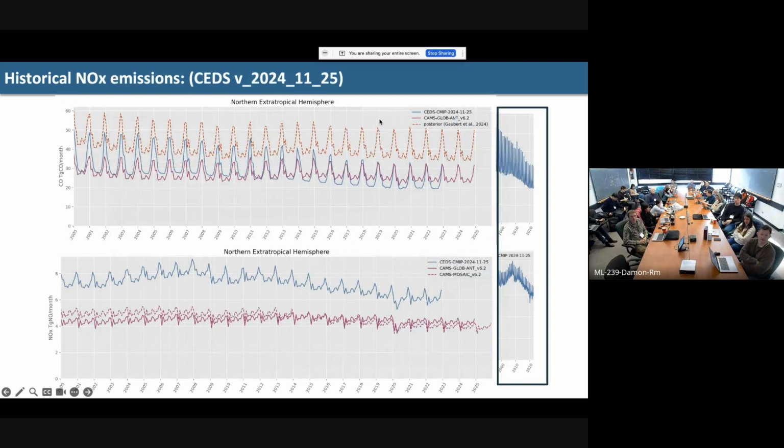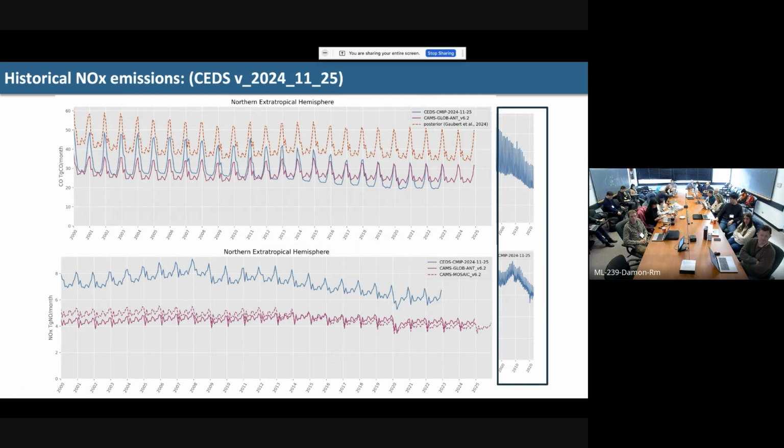So now I'm comparing with the posterior CO emissions that I developed based on the CAMS emissions. The CAMS are in purple and the CEDS emissions are in blue. So with the posterior emissions, I'm having higher CO emissions that are derived from a simulation for 2018.